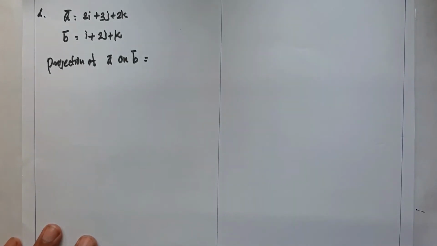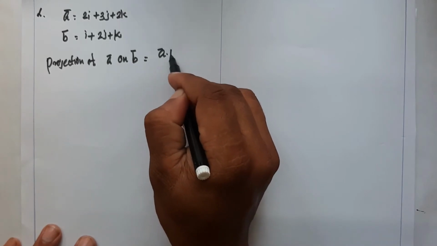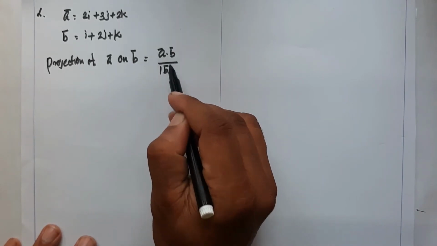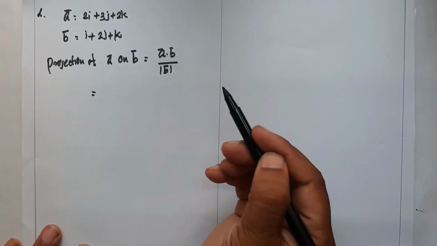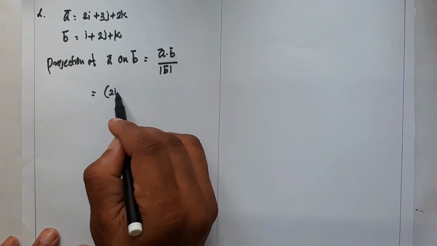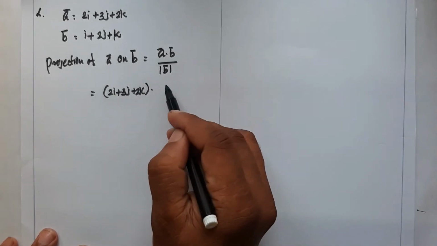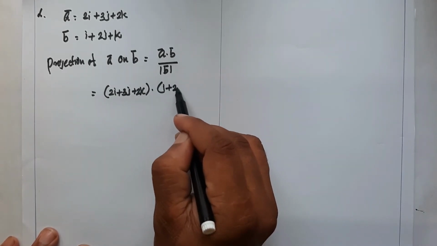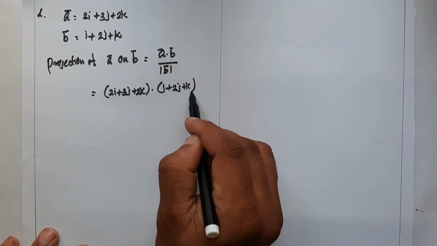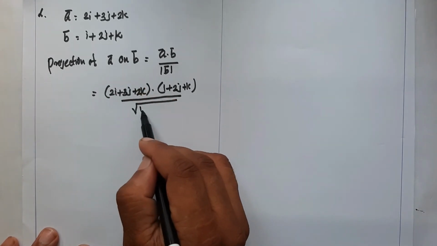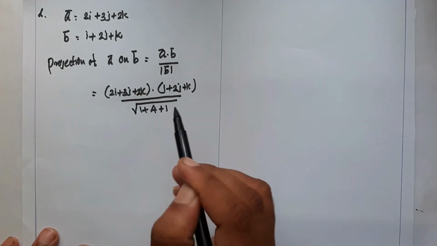You already know the projection of A on B formula is vector A dot vector B divided by the modulus of B, is equal to 2i plus 3j plus 2k dot i plus 2j plus k, the whole divided by the square root of 1 plus 4 plus 1.